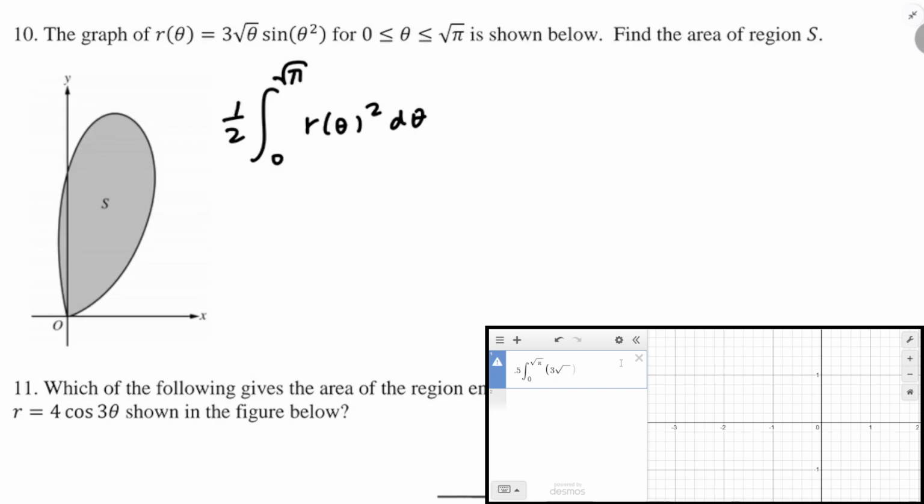Three square root theta sine theta squared. Okay, that was r of theta. I need to square that and integrate. 3.534.